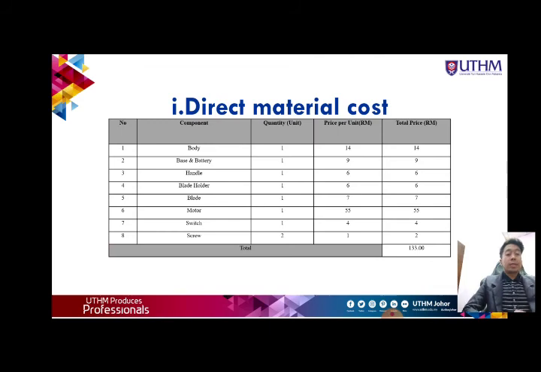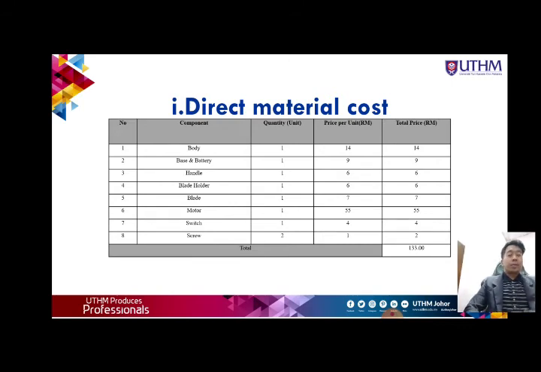Okay, the first one is direct material cost. As you can see in this table, we have eight components that make up our machine, which is the automated rubber tapper: first body, second base, battery, handle, blade holder, blade, motor, switch, and screw.